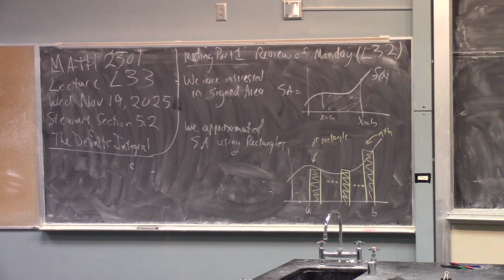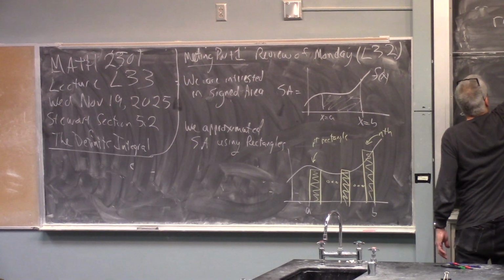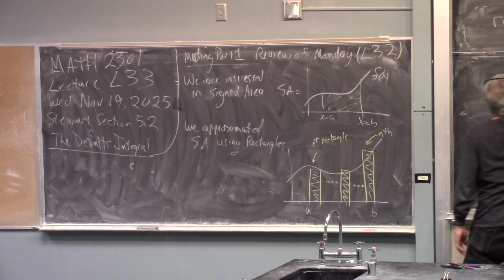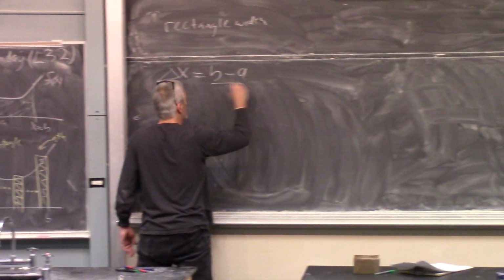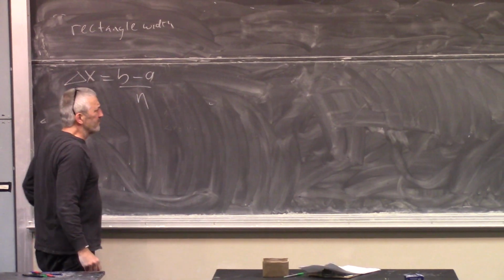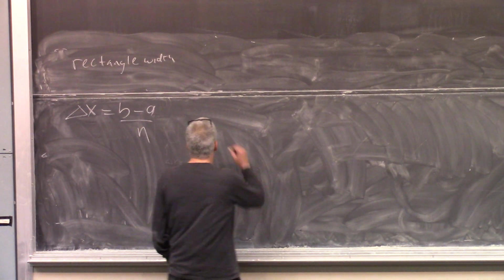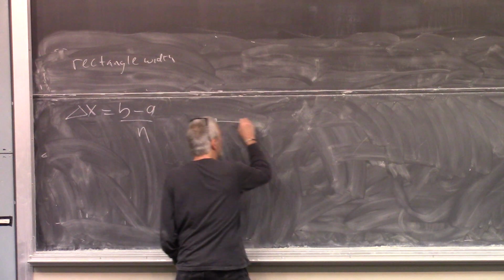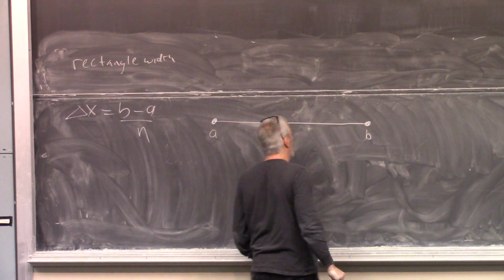So we defined the rectangle width to be delta x, and it's b minus a over n. And if we think about the interval with the rectangles, it starts with the number a, and it goes over to the number b, way over here.